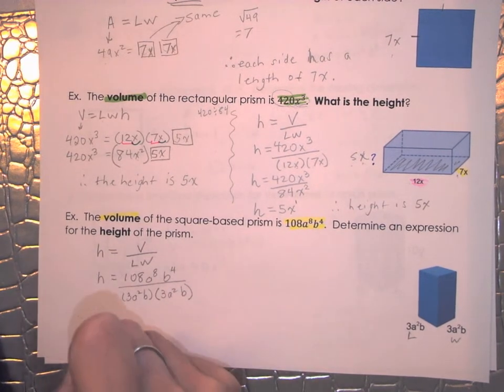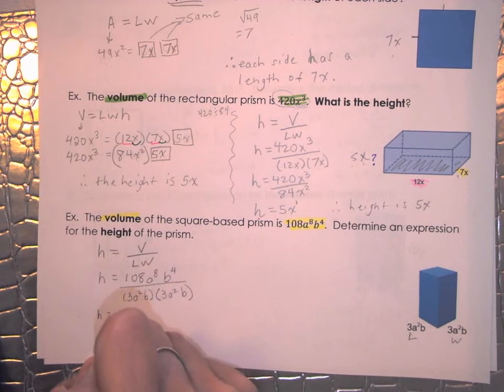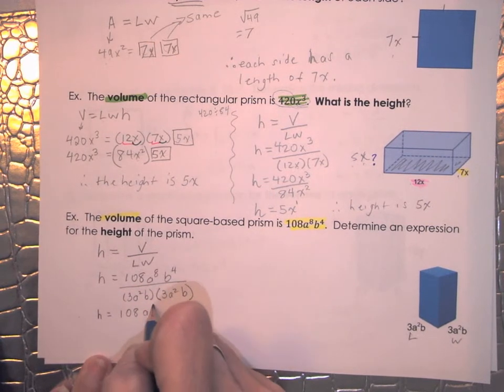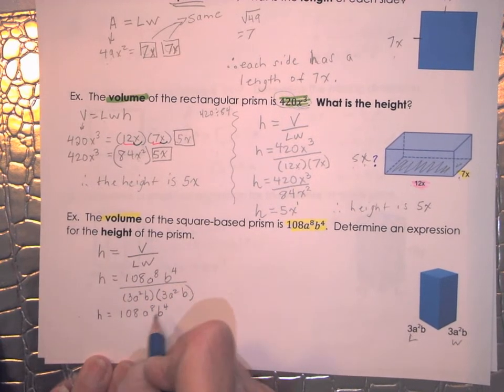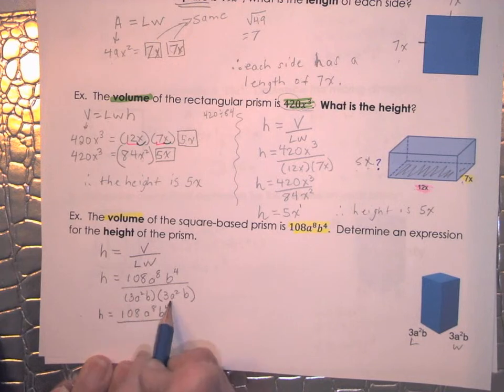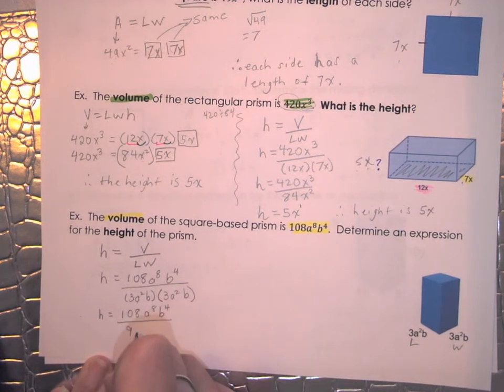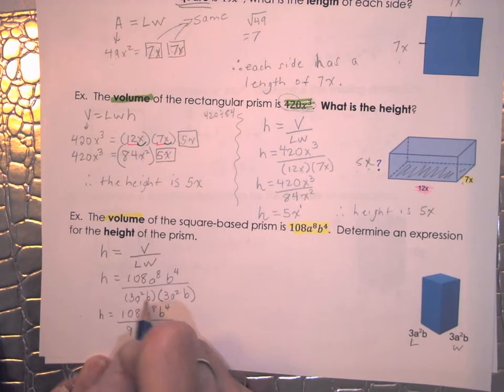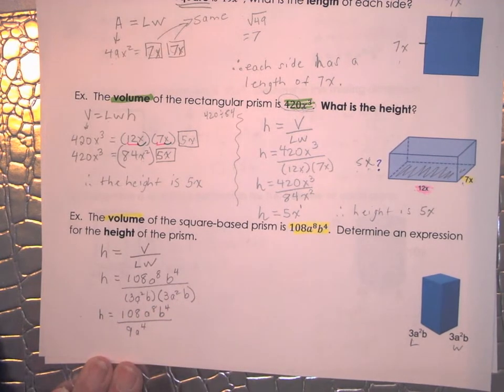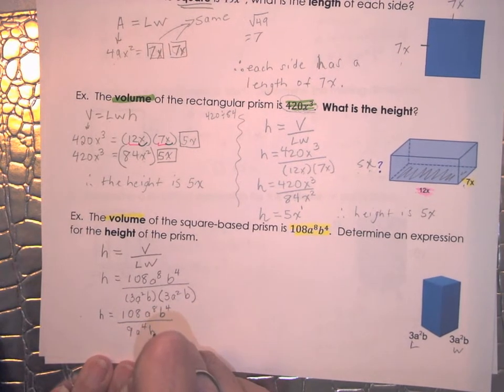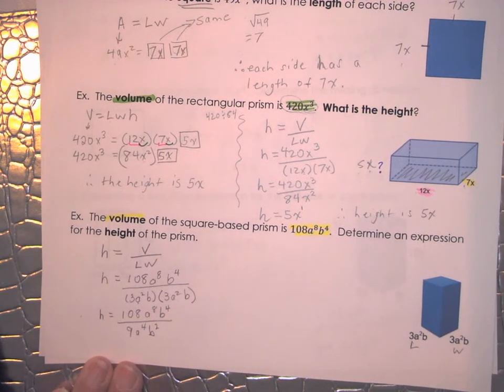So again, I'm going to simplify the denominator first. 3 times 3 is 9. A squared times a squared is a to the 4th. Keep the base and add the exponents. B times b is b to the power of 2.